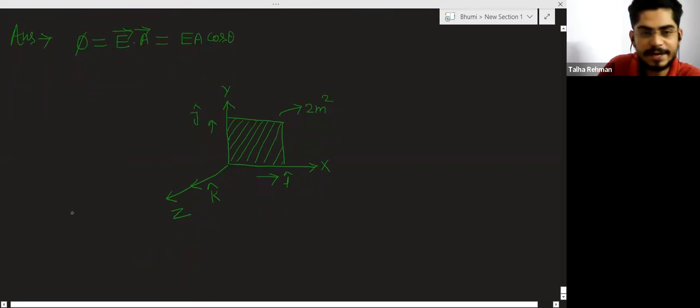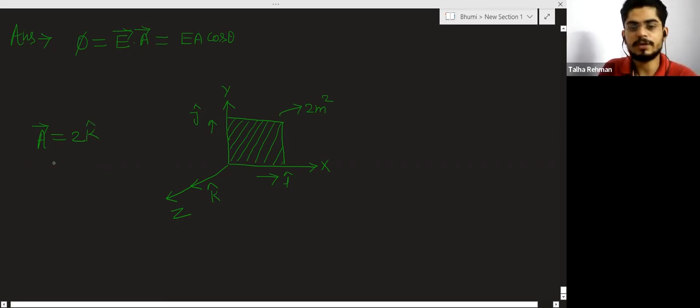If you want to write area in terms of vector, write the magnitude first, and then the unit vector in the direction of that vector. The direction of the area vector is the z direction, and in this direction the unit vector is k. So we have got the area vector now.